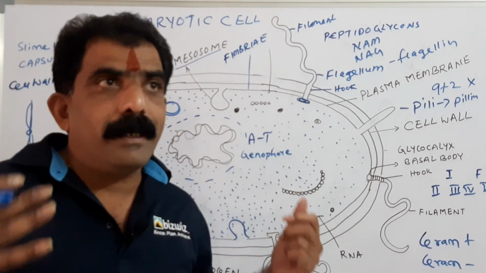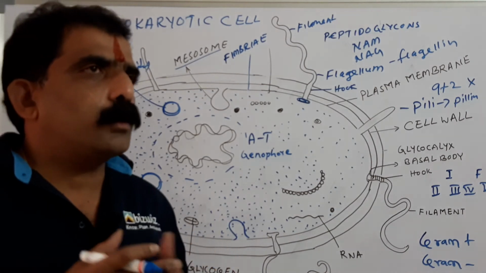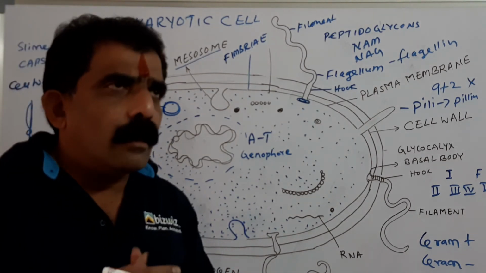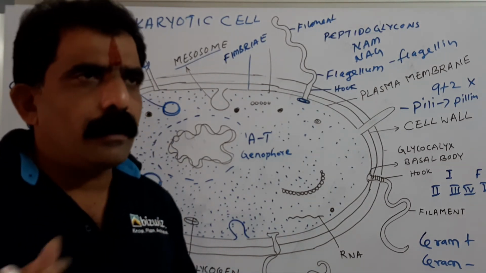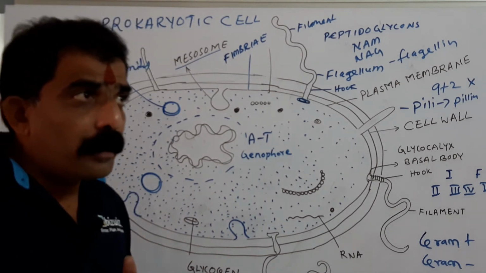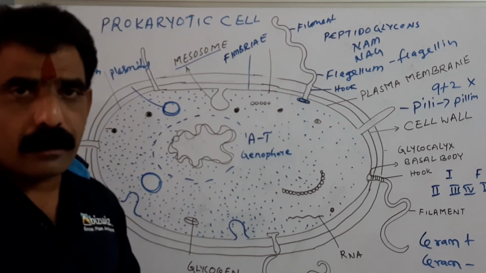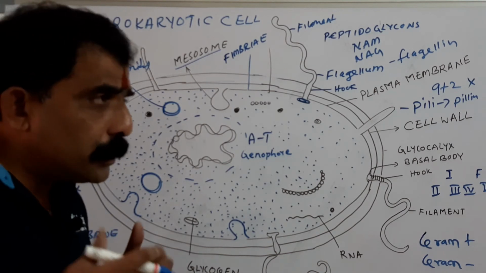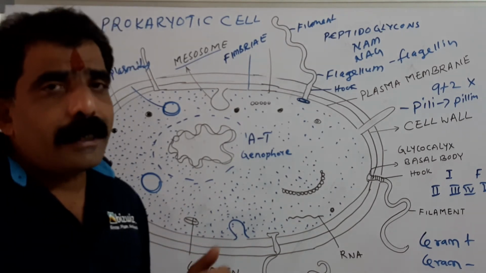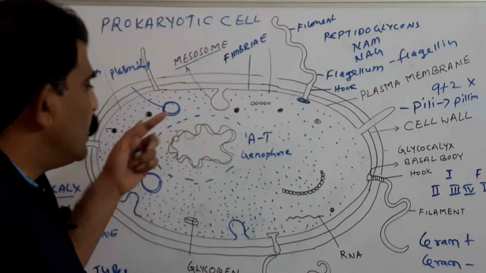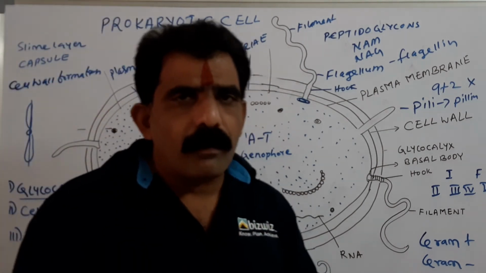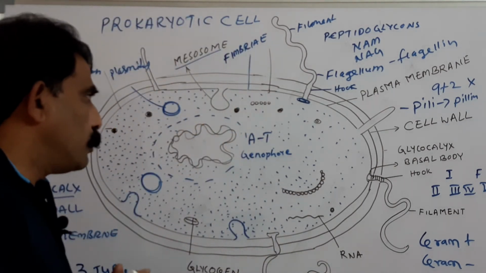They are used as vehicle DNAs or vector DNAs to transfer our genes of interest into the target organisms in rDNA technology, recombinant DNA technology, which is a great tool in genetic engineering. These plasmids confer additional characters to the bacteria.